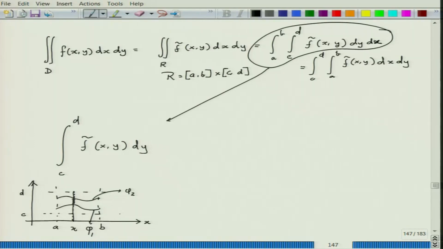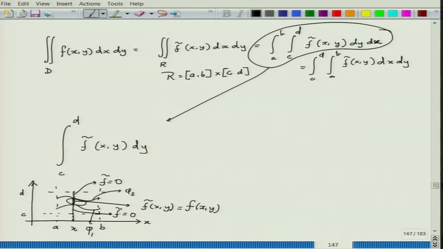In this part, f tilde (x,y) will coincide with f(x,y). In the remaining part, this part, f tilde is 0. On this part also f tilde is 0. That is very important.